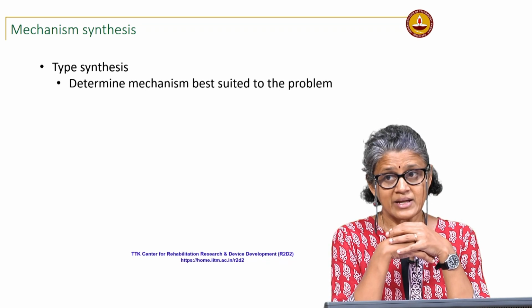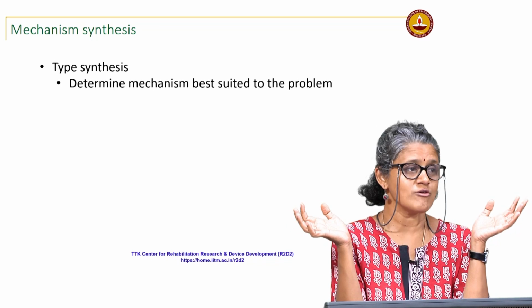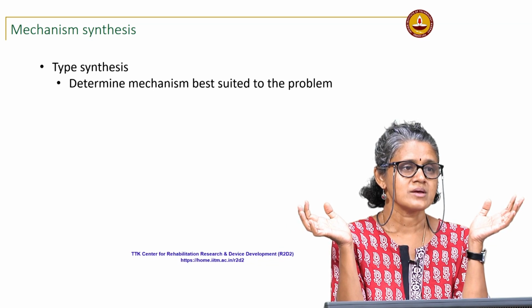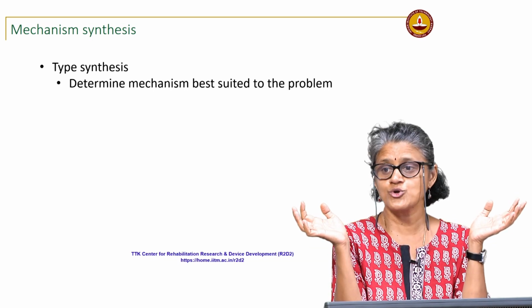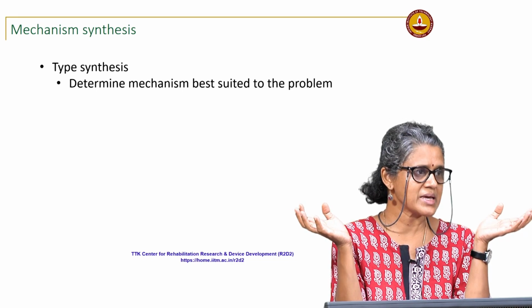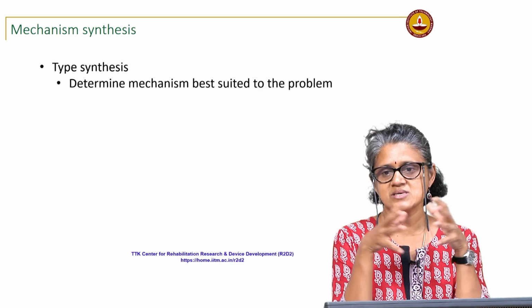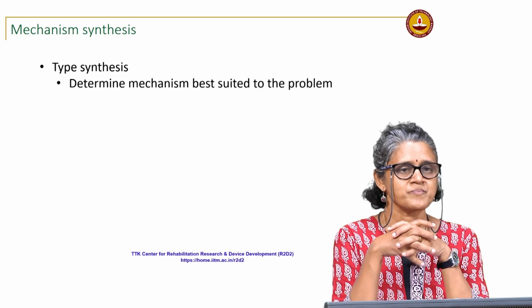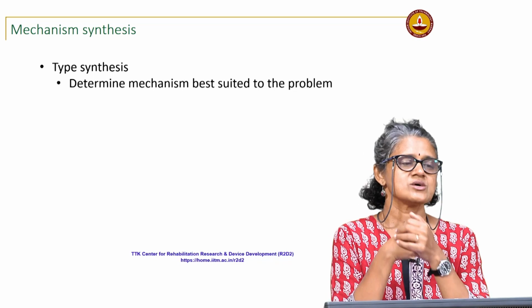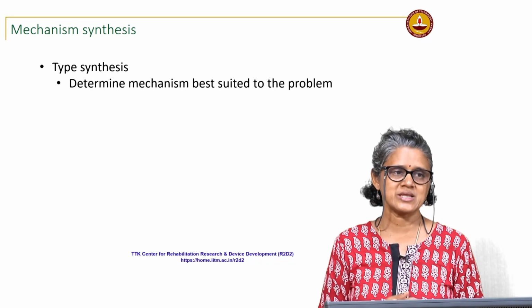You have a wide variety of machine elements to put together to form mechanisms. So, that forms the basis for type synthesis, and it is something that comes through experience.